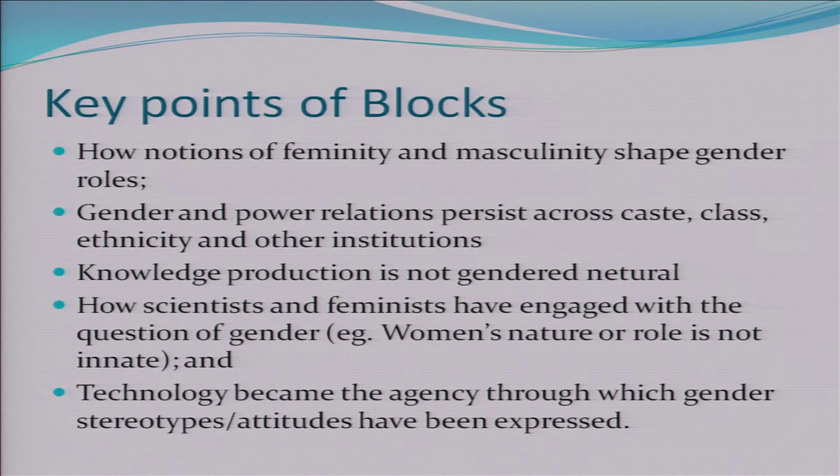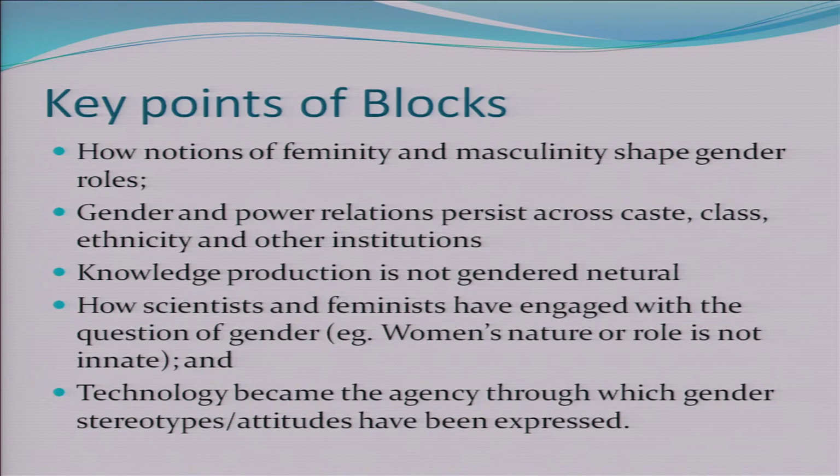And how scientists and feminists have engaged with the question of gender: women's nature or role is not innate, it is not universal. In that sense, gender is a social category. There is a biological difference between men, women, and other genders, but the category of gender is socially constructed, and therefore, with changing time, the idea of gender is changing.